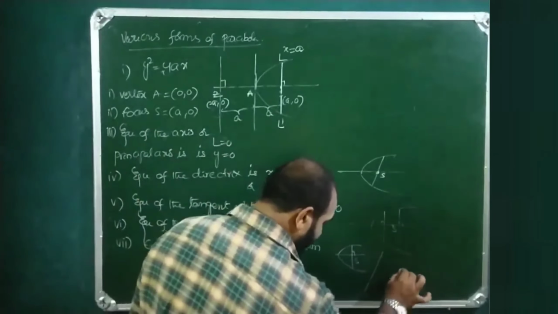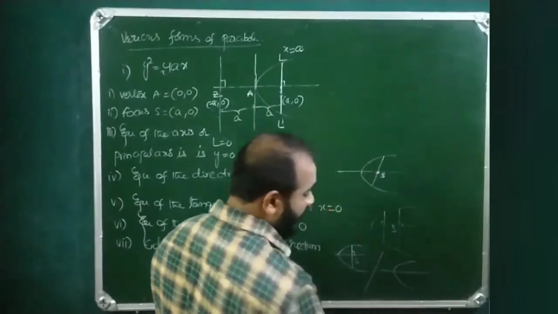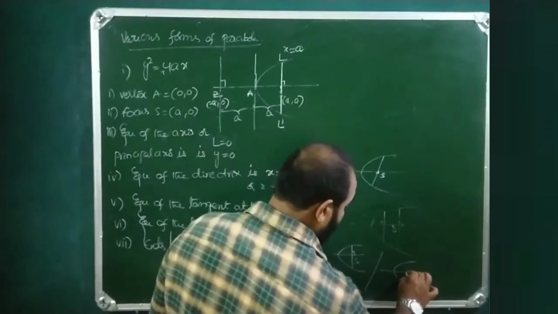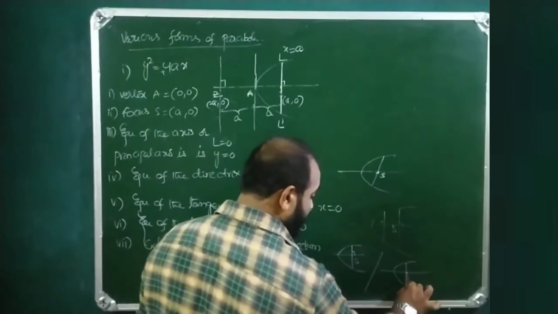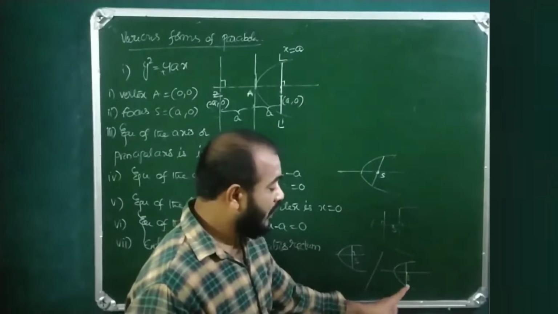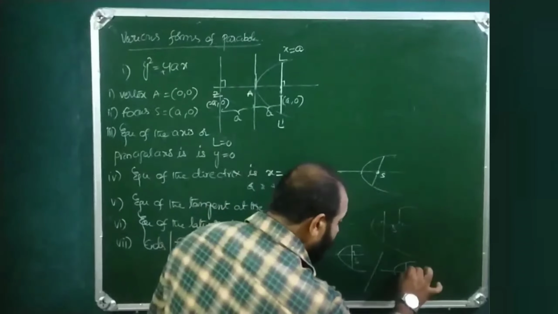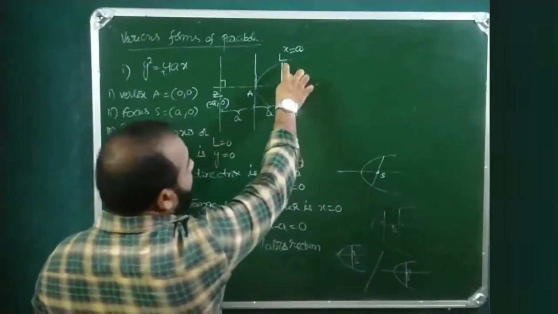Or in another way, this is the chord, this is the parabola, and this is the principal axis. This is the focus. Now this is the focal chord. Why? Because this chord is passing through the focus and perpendicular to the principal axis.